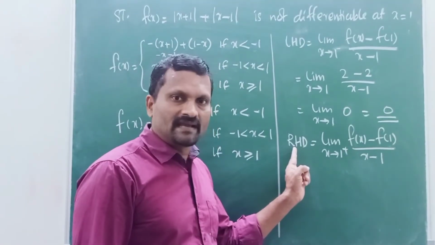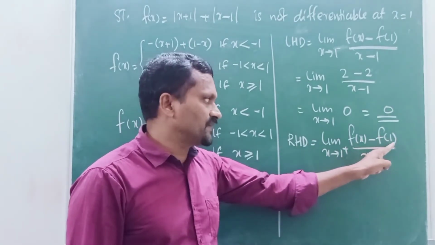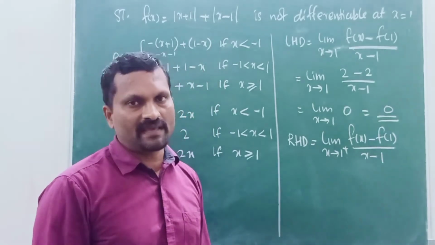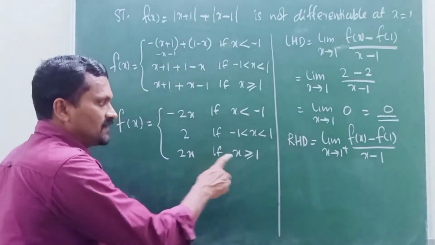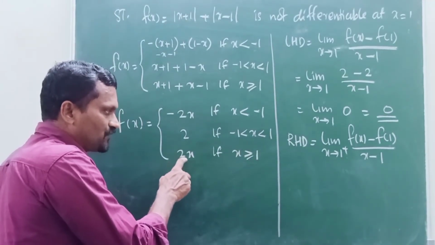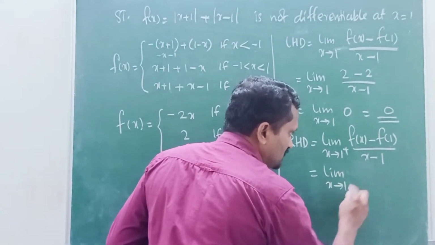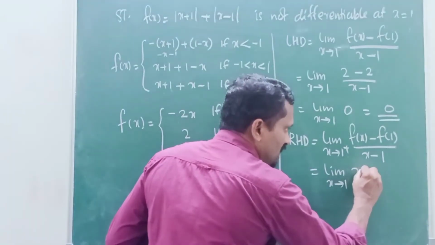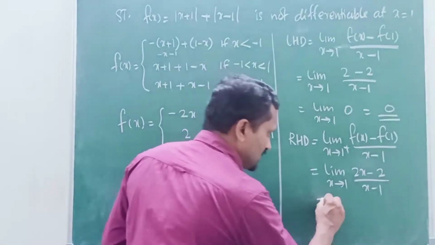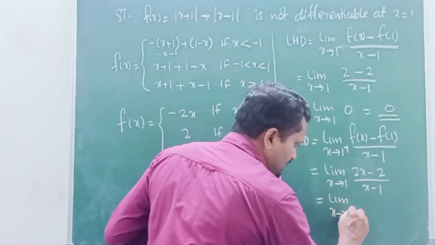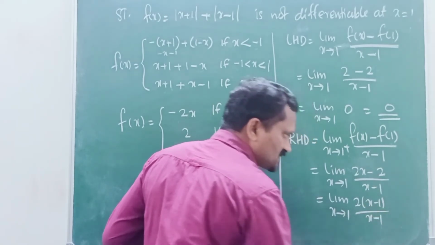Then right hand derivative, that is limit x tends to 1 plus, f of x minus f of 1 divided by x minus 1. 1 plus means x greater than 1. When x greater than 1, f of x is equal to 2x. Then this can be rewritten like this: limit x tends to 1, (2x minus 2) divided by x minus 1. That is, limit x tends to 1, 2 into (x minus 1) by (x minus 1).